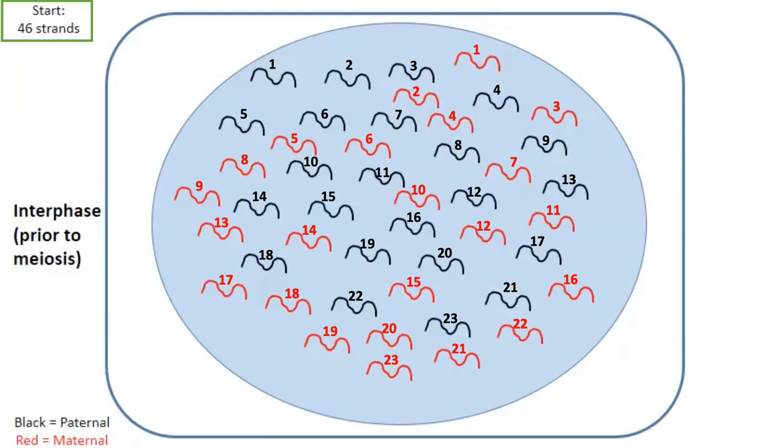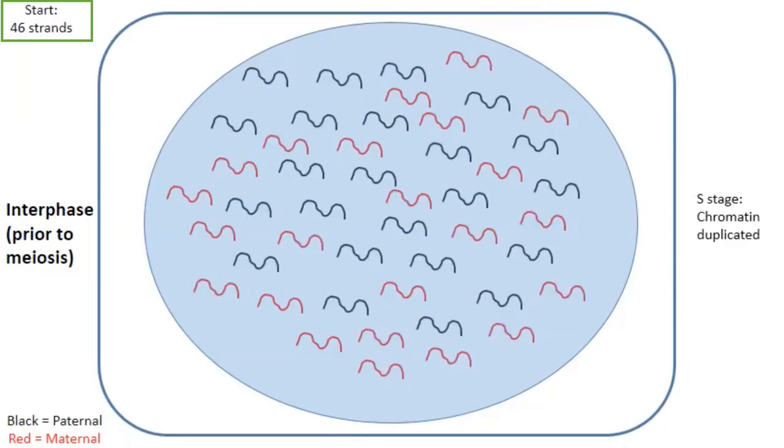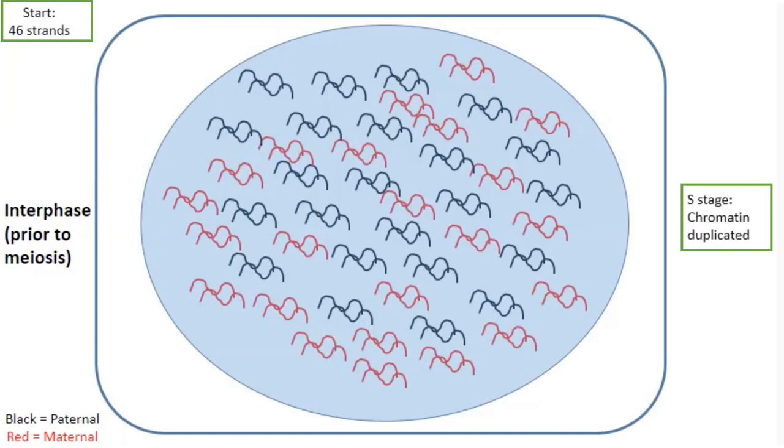And that's how we know that there are 46 strands of DNA in this cell. As I told you earlier, this is an example of a human diploid cell. So we move into the S stage of interphase, where the chromatin is copied and duplicated. So the 46 strands duplicate to form 92 strands.